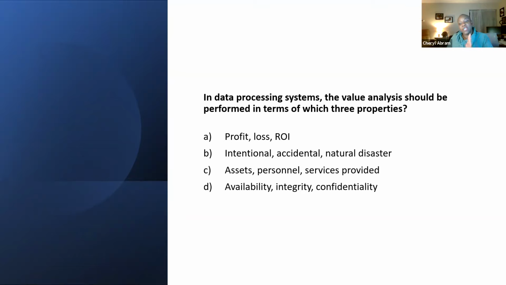Are distractors the same length, tense, and complexity as the key, as D? Now, A is much shorter, but maybe that's just because they didn't write out ROI. That could be the thing right there. But the way the exam writer wrote this helps us see that they wrote availability, integrity, confidentiality first, and then said, okay, what could go under here?